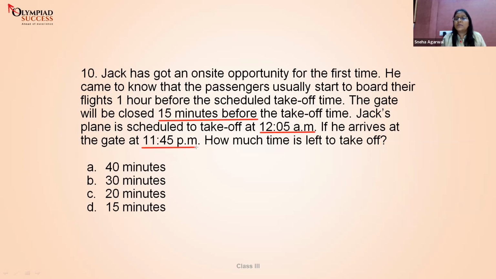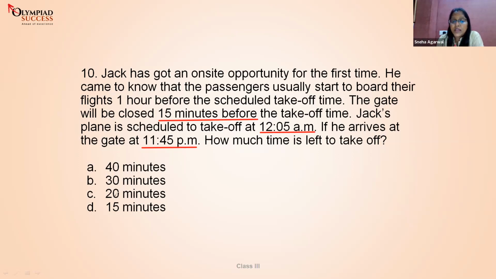So how much time is left to take off? At what time is the plane taking off over here? 12:05 a.m., right? And he is reaching the gate at 11:45 p.m. So can you tell me how much time is still left? From 11:45 till 12 you have 15 minutes, and after that you have 5 more minutes for 12:05.